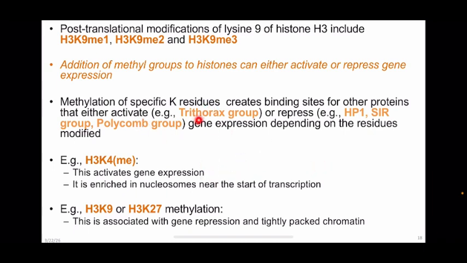So what you have to take home from these pages: when we methylate K9 and K27, creating heterochromatic regions, we are mostly methylating to provide binding sites for protein structures, mostly HP1, Sir proteins, and polycomb proteins. Okay, that's when we are deactivating, or repressing gene expression. But when we are activating, we are creating binding sites for the trithorax group proteins. Okay, we will take them one by one. There are sections dedicated to each one of them.